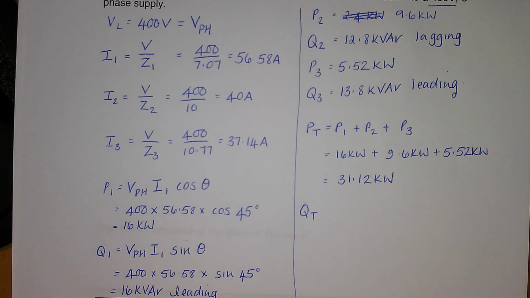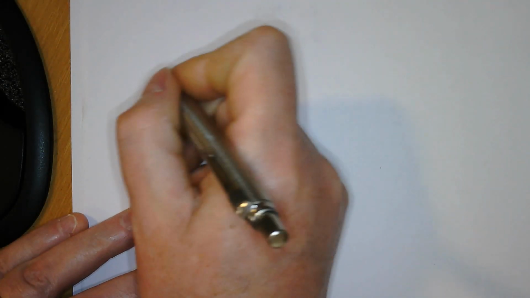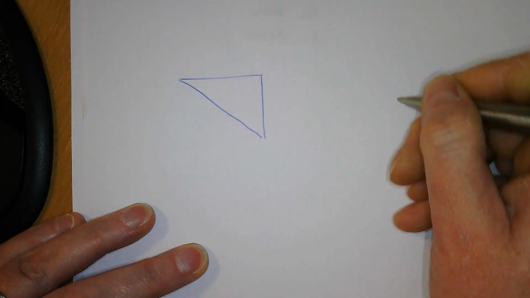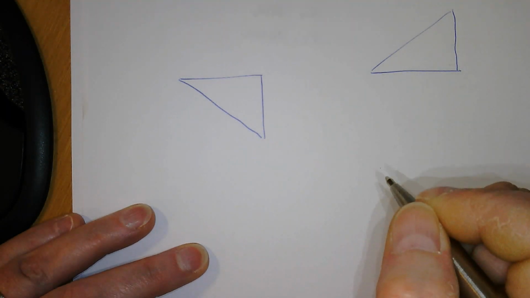Your Q total is a bit different. So the reason we were thinking so much about leading and lagging is, if you were drawing your power triangles, it doesn't matter which way you decide, but you would always draw leading and lagging in opposite directions.